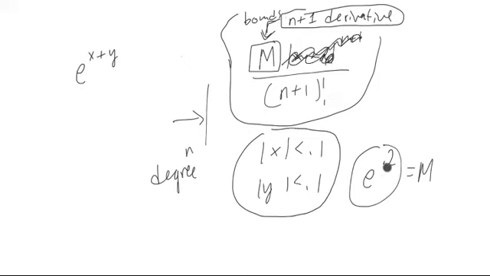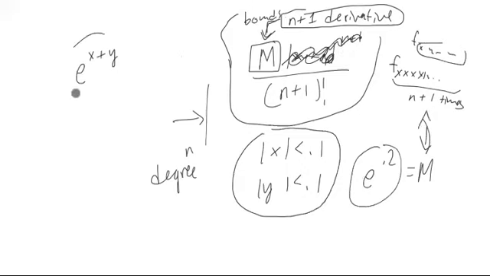You have to be a little bit careful, because M actually serves as a bound for not just the n plus first derivative, but all the mixed partials of that, like f_xxxxxx, where you go n plus 1 times, and f_xy, just any mixture of x's and y's, n plus 1 times. So M is actually going to bound all those.